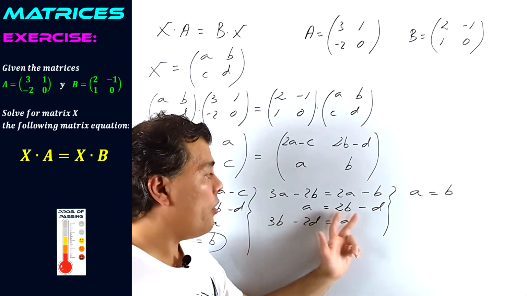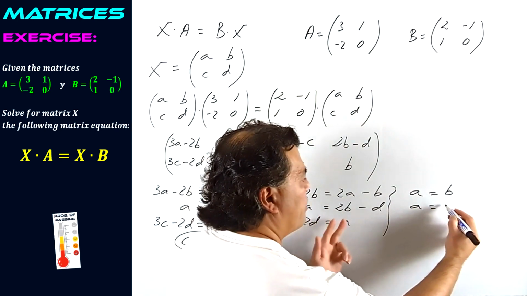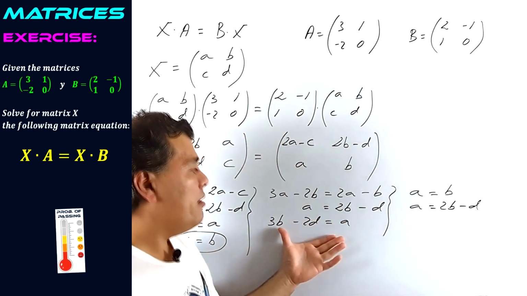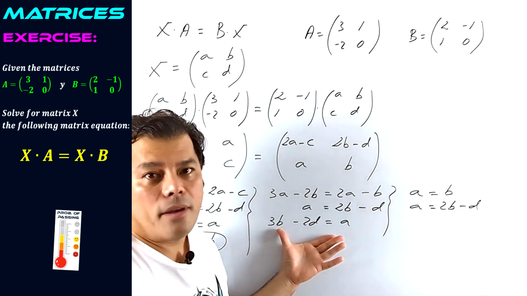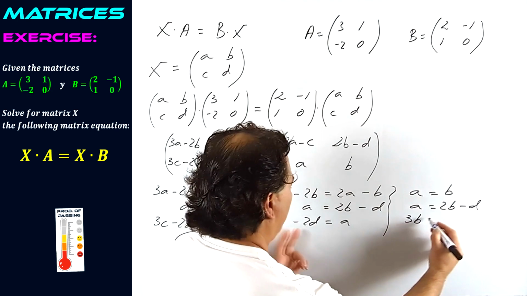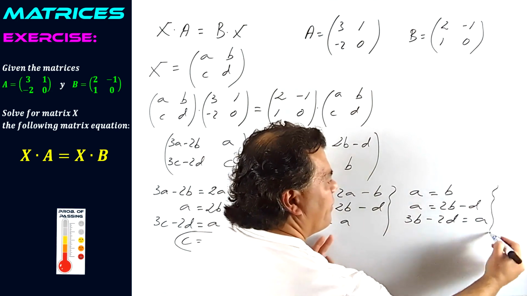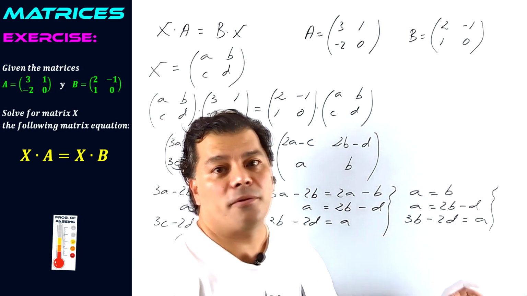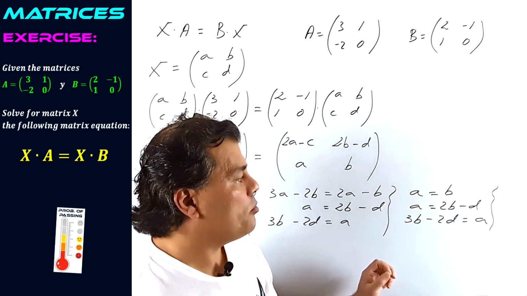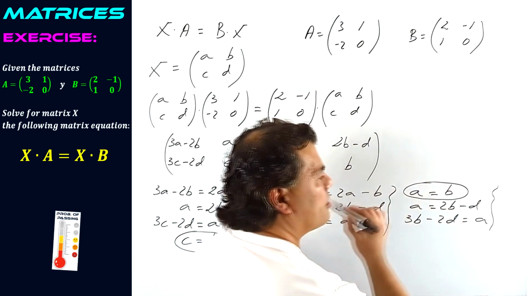Now let's clean the second equation, and I'm afraid that there is nothing to do: A equals 2B minus D. And let's clean the third equation, but I'm afraid that there is nothing to do either: 3B minus 2D equals A. And now it's time to proceed as previously. Let's look for the simplest expression here, and I guess we are going to choose the first equation.